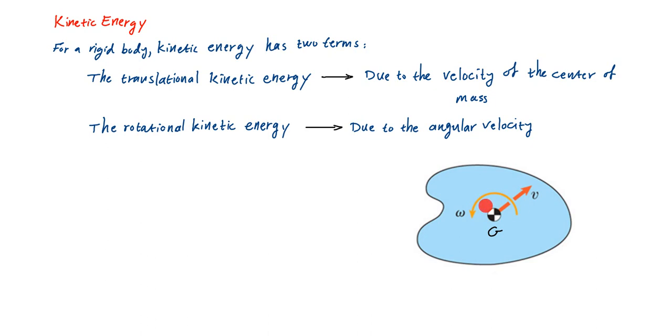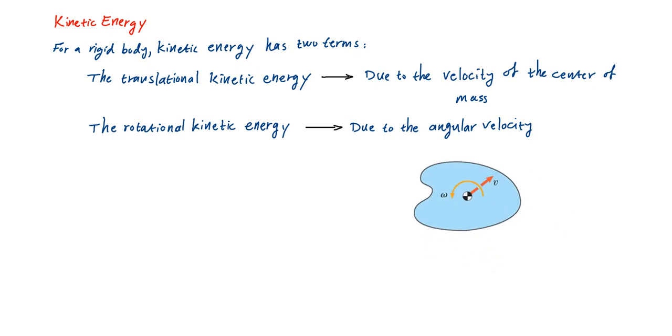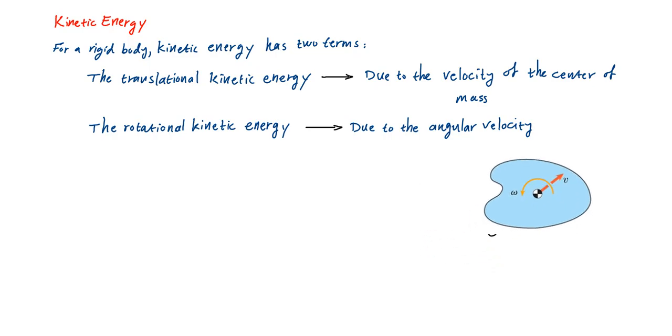So we have a general planar motion: the center of mass has some velocity, and we have angular velocity around the center of mass. This is G, the center of gravity.